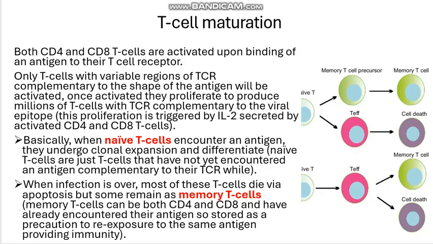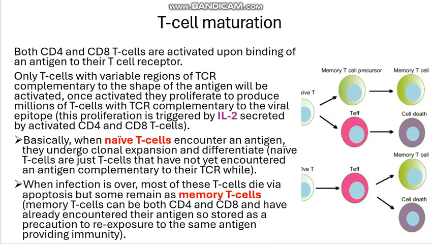So once these T cells with the complementary T cell receptor are activated, they proliferate and produce millions of T cells from their lineage with that complementary T cell receptor that can recognize a specific antigen. This proliferation is triggered by the cytokine interleukin-2 secreted by activated CD4 and CD8 T cells. I just wanted to highlight that quickly.